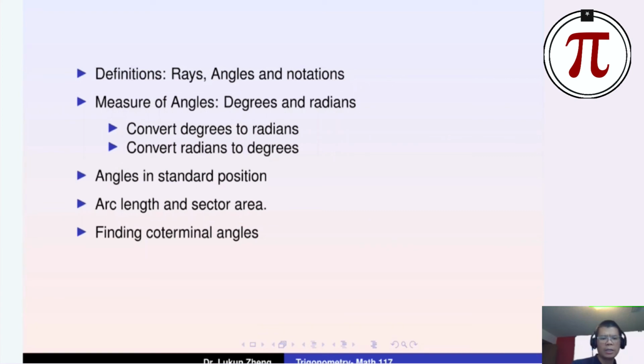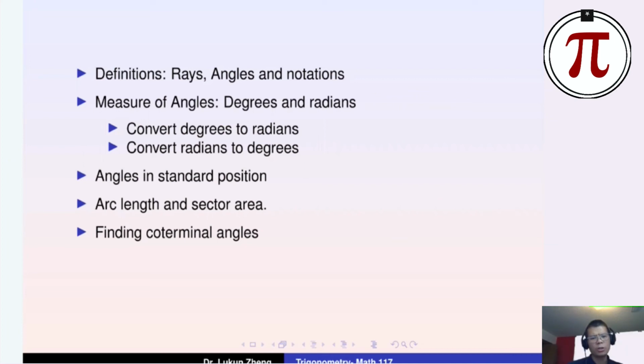And angles in standard position. What is the standard position for an angle? The initial side is the positive x axis, and then your terminal side is rotated to where it is located, right? So that's angles in standard position.